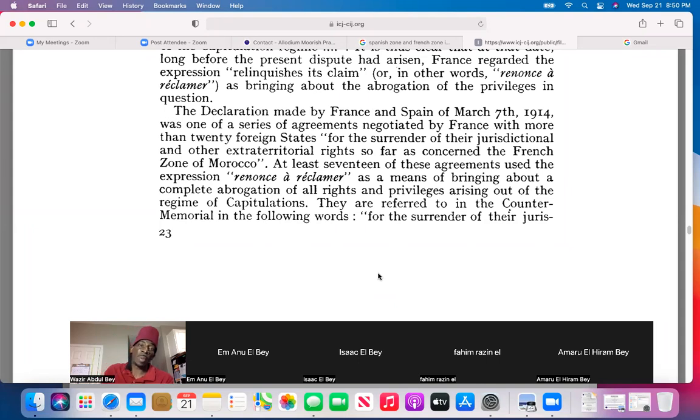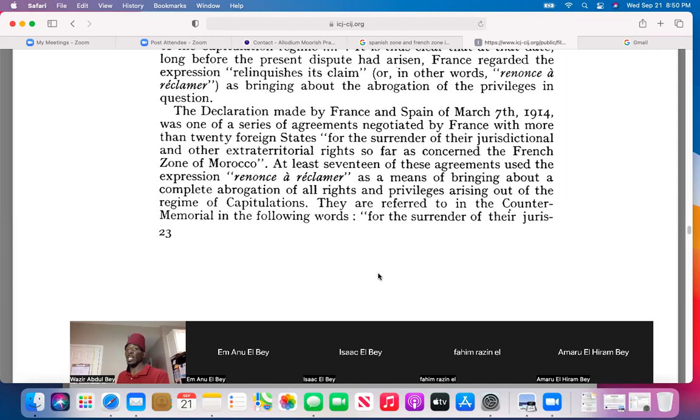The declaration made by France and Spain of March 7, 1914, was one of a series of agreements negotiated by France with more than 20 foreign states for the surrender of their jurisdictional and other extraterritorial rights, so far as concerned the French zone of Morocco.